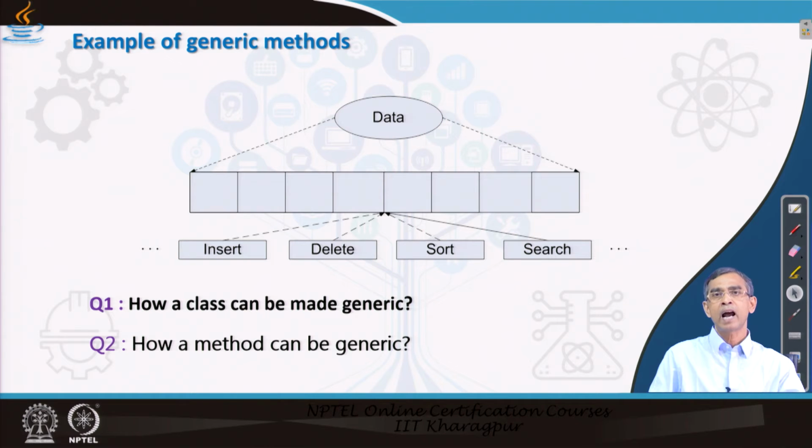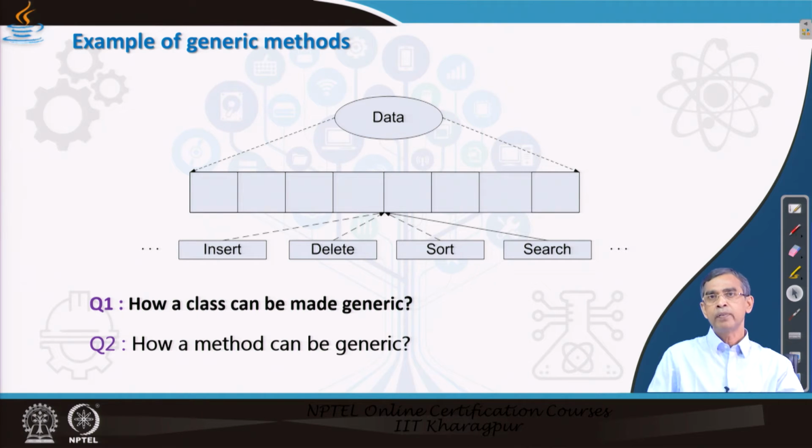I have mentioned here how to insert new data into it, how to delete data from it, how to sort the data, or how to search for particular data. Here, we can write different methods to perform all these operations: insert, delete, sort and search. But we have to rewrite those methods, depending on the type of data.